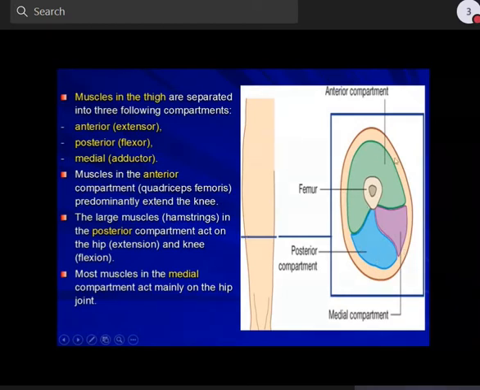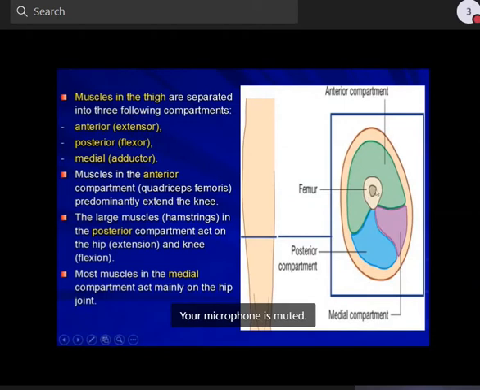And the posterior compartment is composed of the so-called hamstrings, 3 hamstrings.